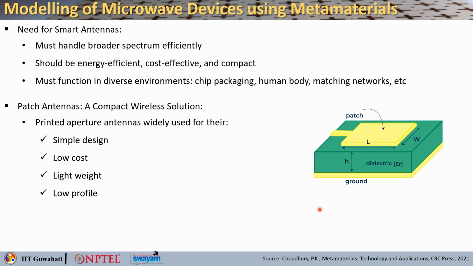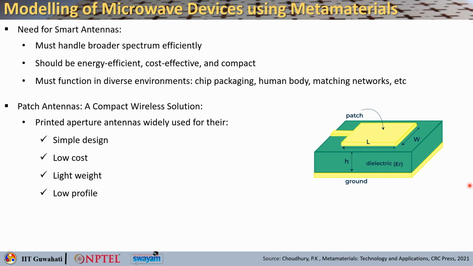The third important point is that the design is simple, so it is easy to fabricate. You can simply go to a PCB manufacturer, get it done. And another important factor is versatility. It can be designed for various frequencies and polarizations, like linear and circular, by adjusting the patch dimensions like length and width, and also the feed method.